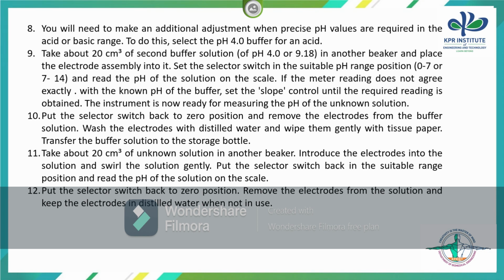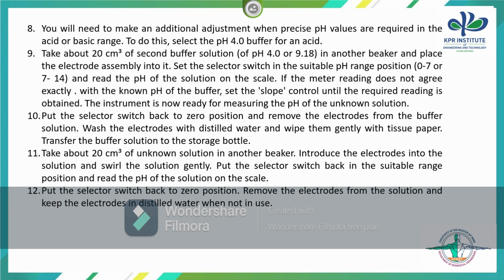You will need to make an additional adjustment when precise pH values are required in the acid or basic range. To do this, select pH 4 buffer for an acid. Repeat the calibration point again. Take about 20 cm³ of second buffer solution of pH 4 or 9.18 in another beaker and place the electrode assembly into it.